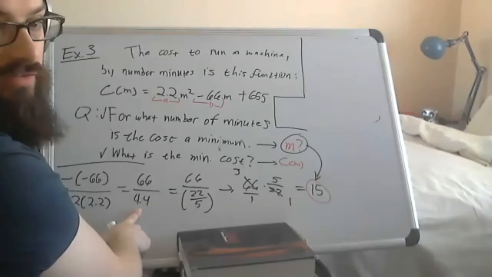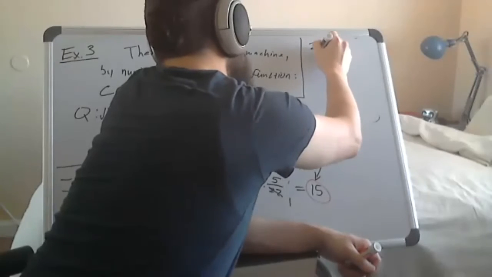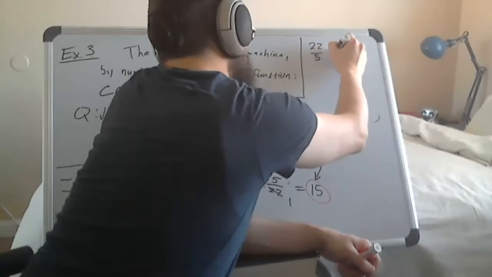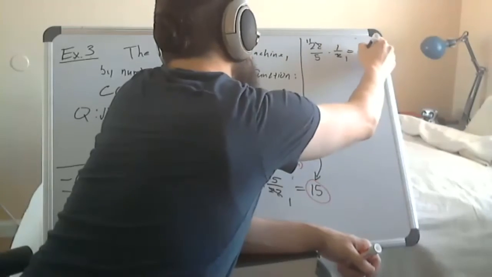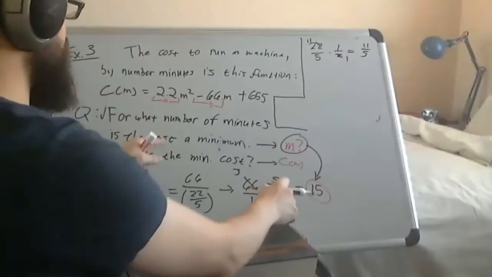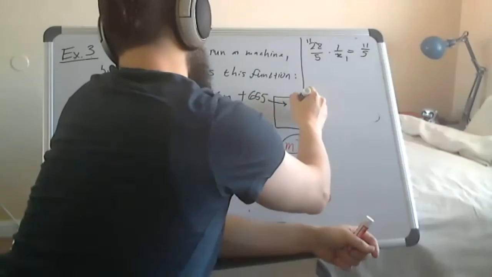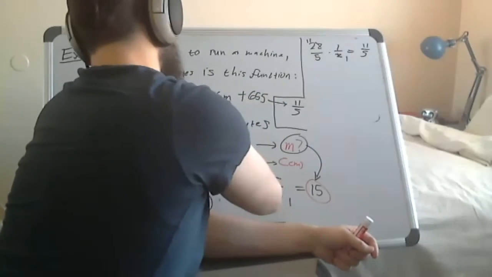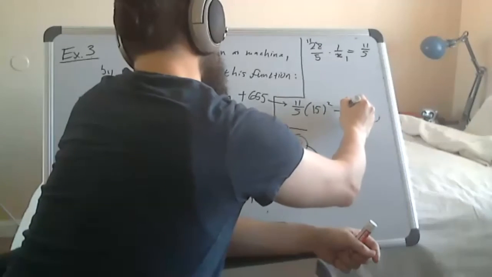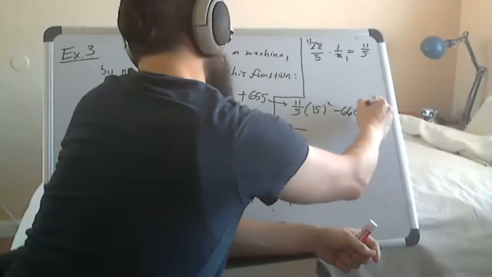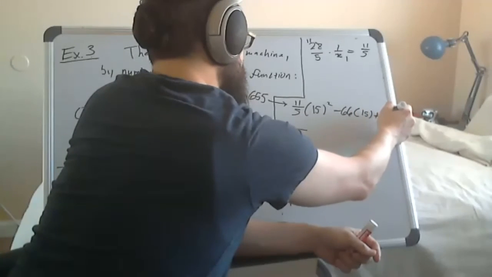But I just want to take half of 4.4 to get back here, 2.2. So I'm going to take half of 22/5, which of course is just 11/5. The reason I'm doing that is we're going to plug 15 into this craziness. So we have 11/5 times 15 squared minus 66 times 15 plus, good heavens, 655.